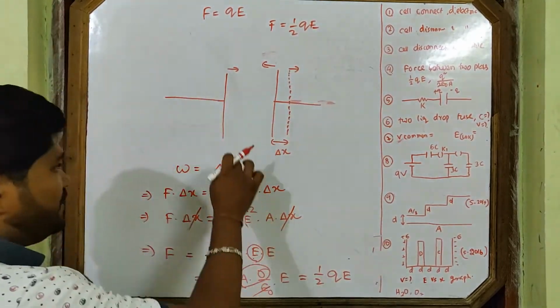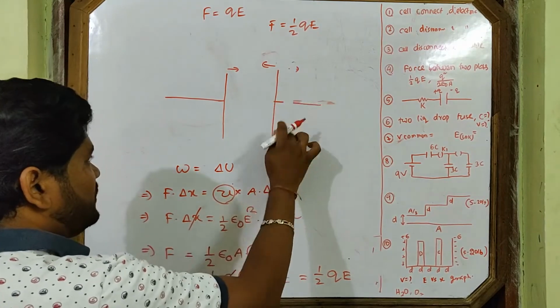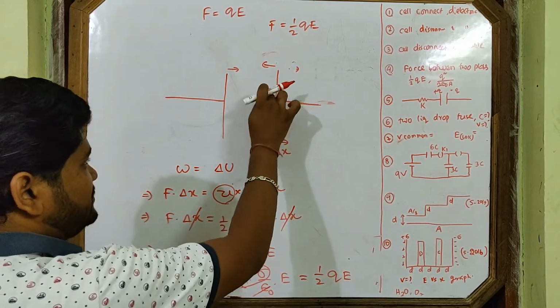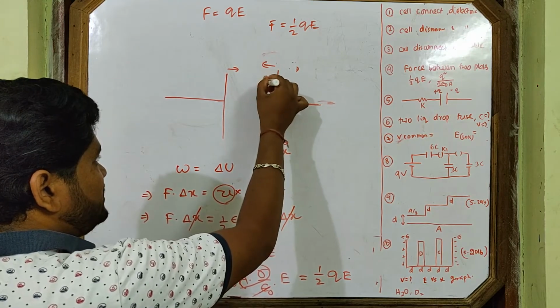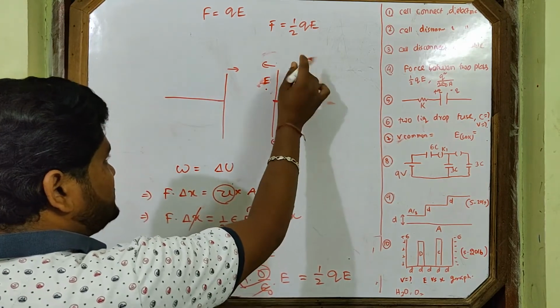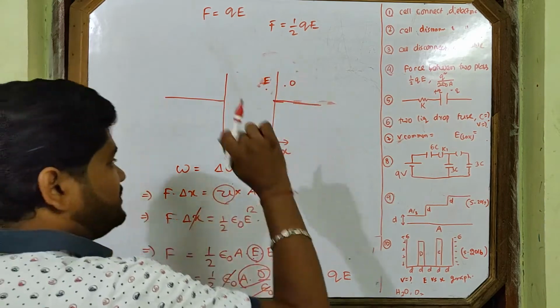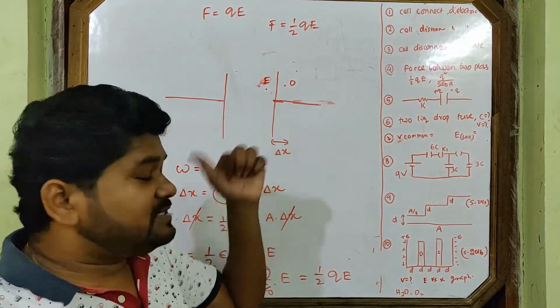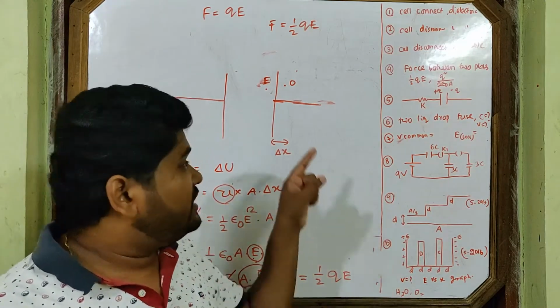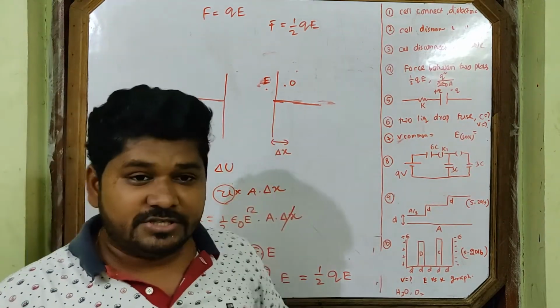We can tell, when we apply force on one plate, on this plate we apply force. Here the electric field is equal to E. But here what is the electric field? 0. We know outside the capacitor the electric field is 0. But here the electric field is E. Total electric field is E here, but here the total electric field is 0.